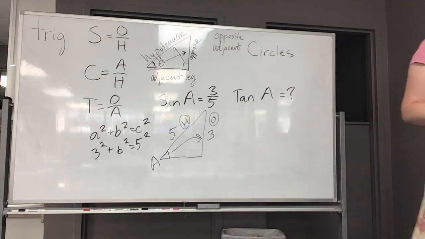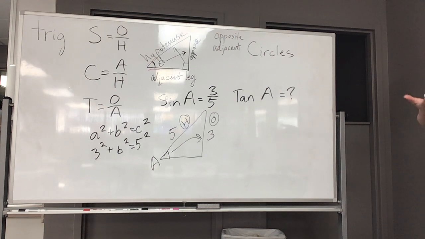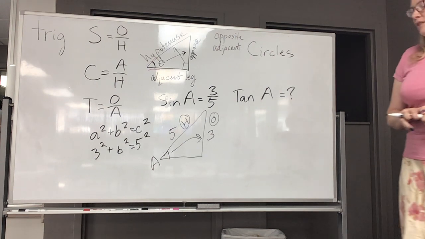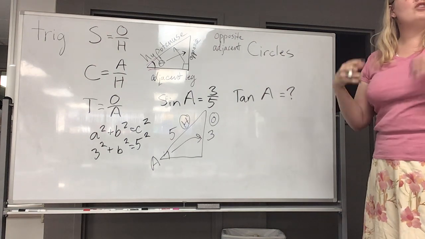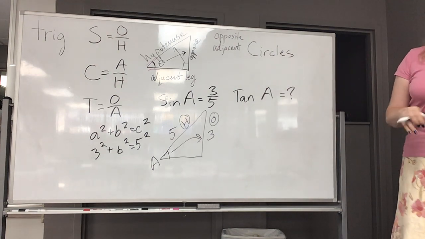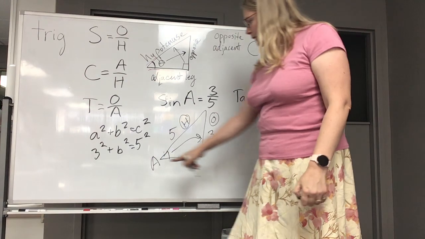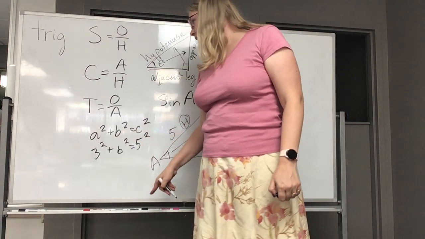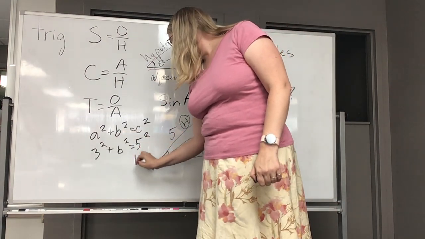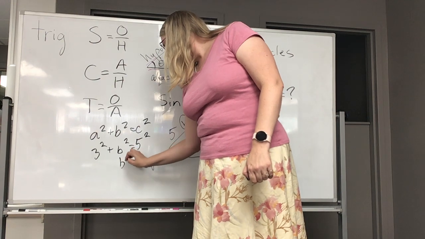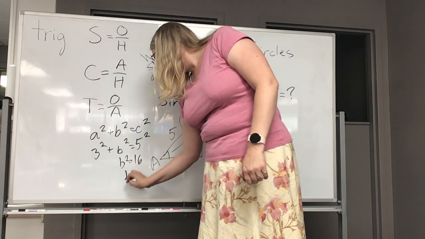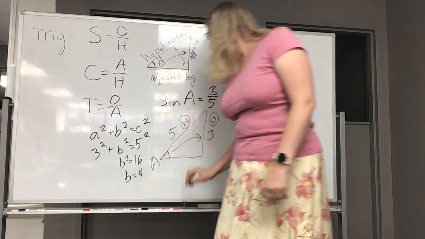And so if you don't know 3, 4, 5, you'd be trying to figure out, okay, what is this missing part of the triangle? Knowing that 3, 4, 5 relationship saves you the time. So 25 minus 9 equals 16. Square root of 16, b equals 4.